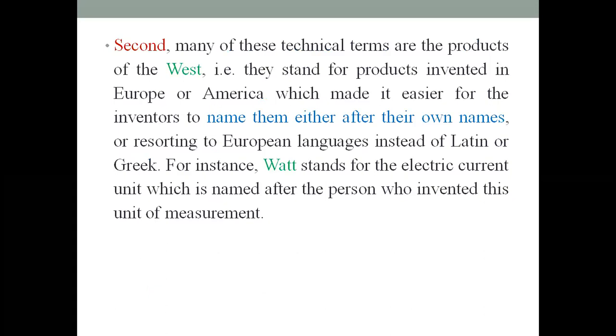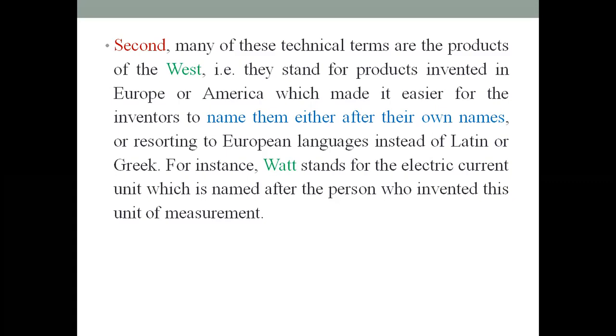The second problem is that many technical terms were originally invented in the West or in English. For example, look at watt. Watt is a unit of measurement used to measure electric power.